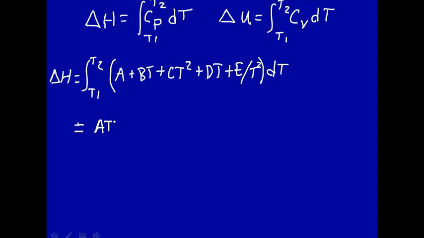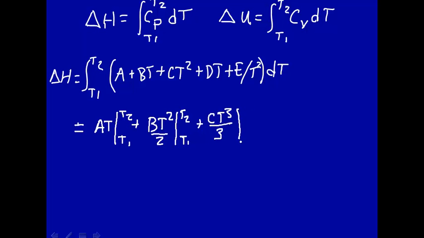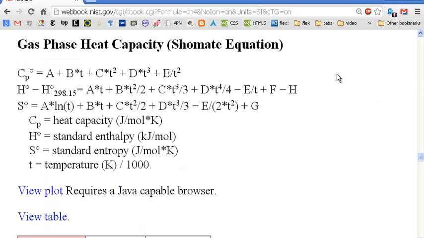This would be A t evaluated between T1 and T2 plus B t squared over 2. That's the integral of B t, again evaluated from T1 to T2. Plus, let's integrate this. This will be C t cubed over 3, evaluated between T1 and T2. And D, that should be D t cubed, I bet. I'm going to check that. Yes, D t cubed. I forgot the cube there.